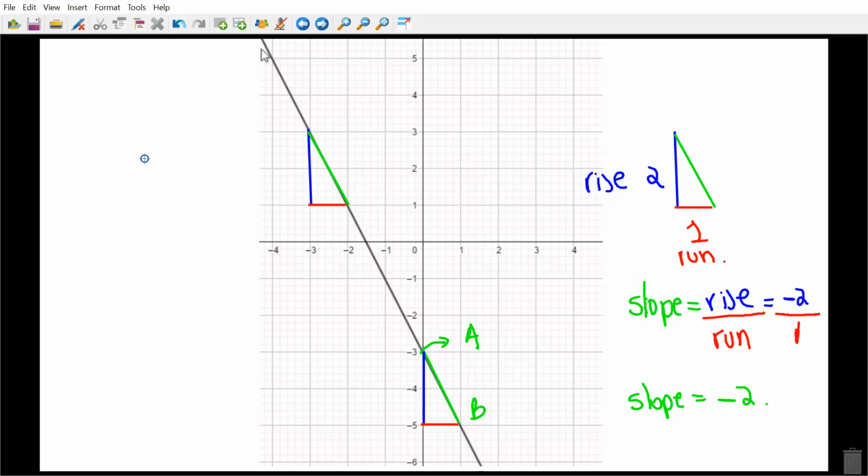And if the line has the same slope, look what we can do with that triangle. I can move it here. And I can move it here. And I can go up if I want. Got it? It's always going to be the same slope.